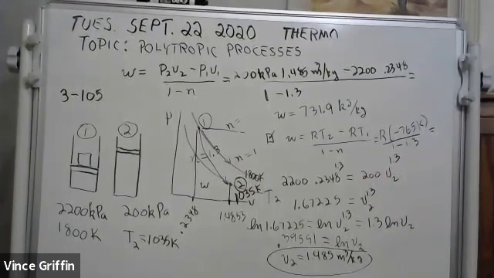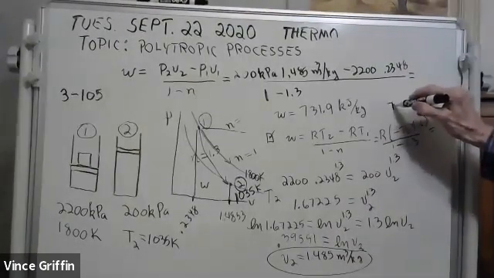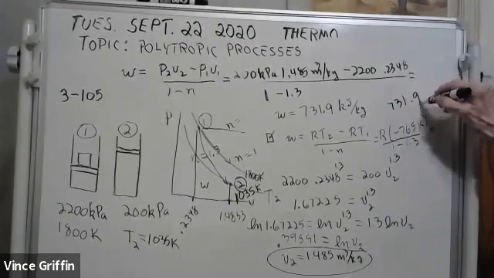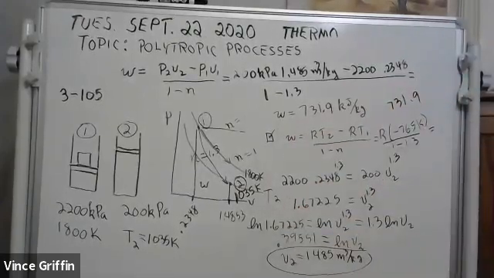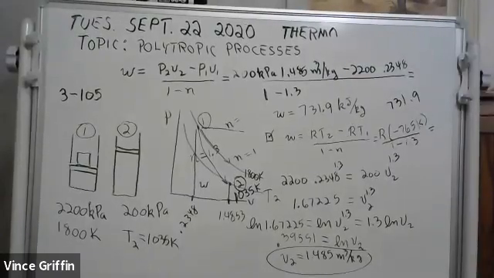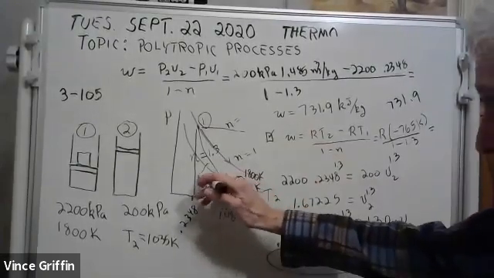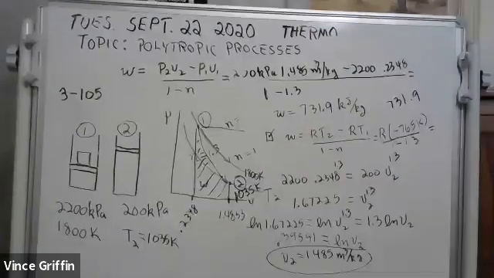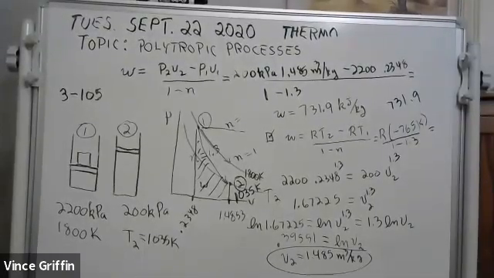When I did that, I'm coming up with 731.9. Same answer I got here. Hey, that's good. I think we did that quite well. We've got the work. That means the area underneath this graph is equal to 731.9 kilojoules per kilogram. So far, so good.